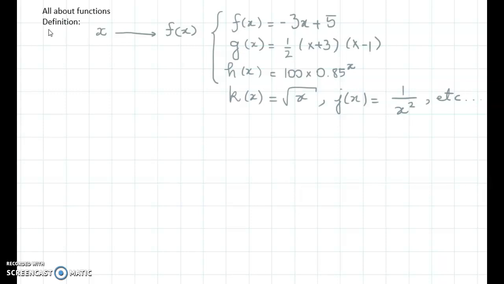But the important property here is that we have a value for the variable, we do something to it, and we obtain a result. And in order to call this a function, we have to make sure that any time that we assign the same value to the variable, we should be obtaining the same value for the function.